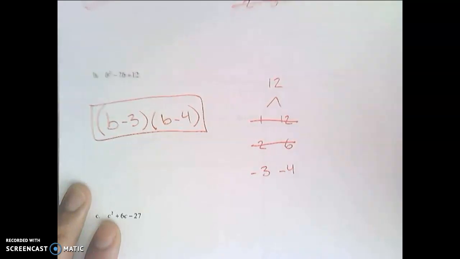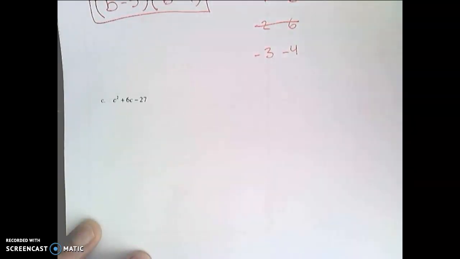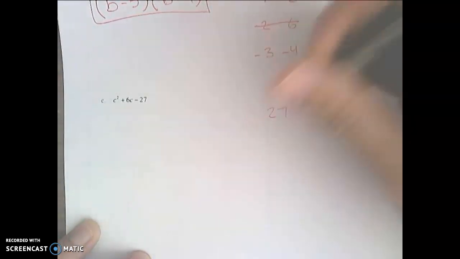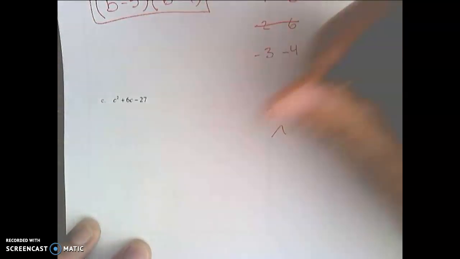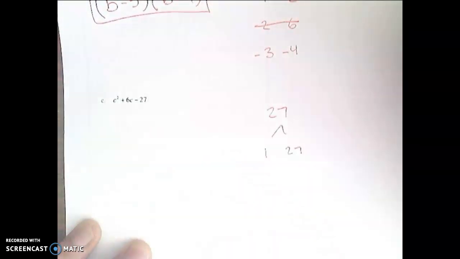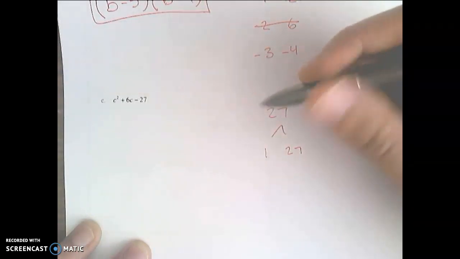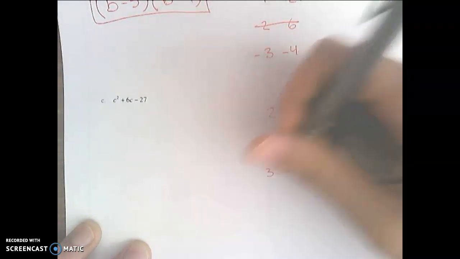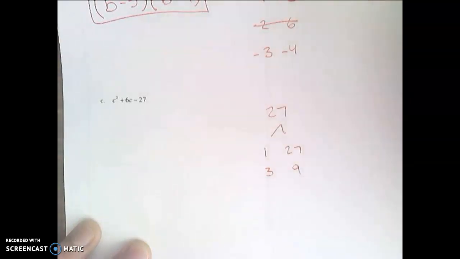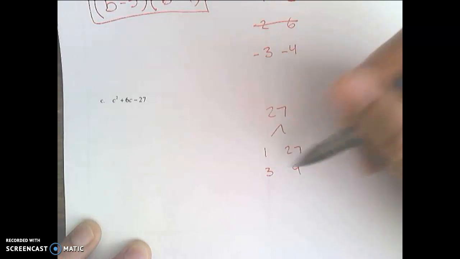All right. Let's try this one. Here we have 27 as our last term. So what numbers multiply to get to 27? We have 1 and 27. 2 doesn't work. 3, 4, 5, 6. 3 works, sorry. 3 works with 9. Let's see, and that's it. So we have 1 and 27, 3 and 9.